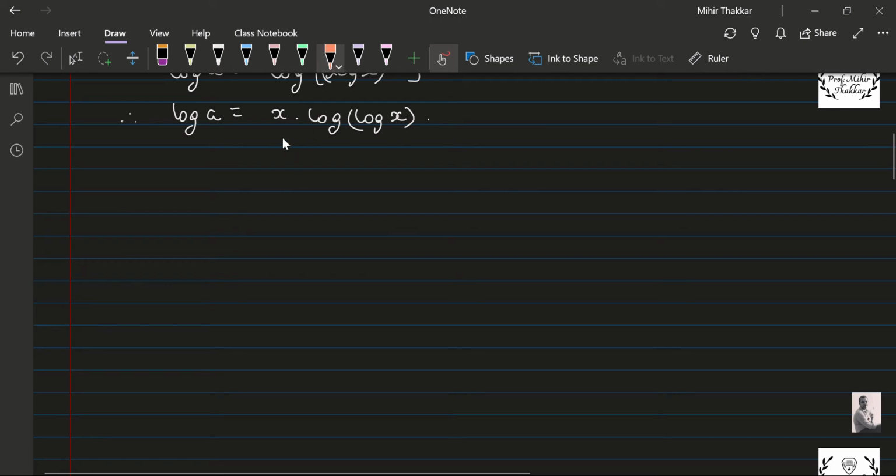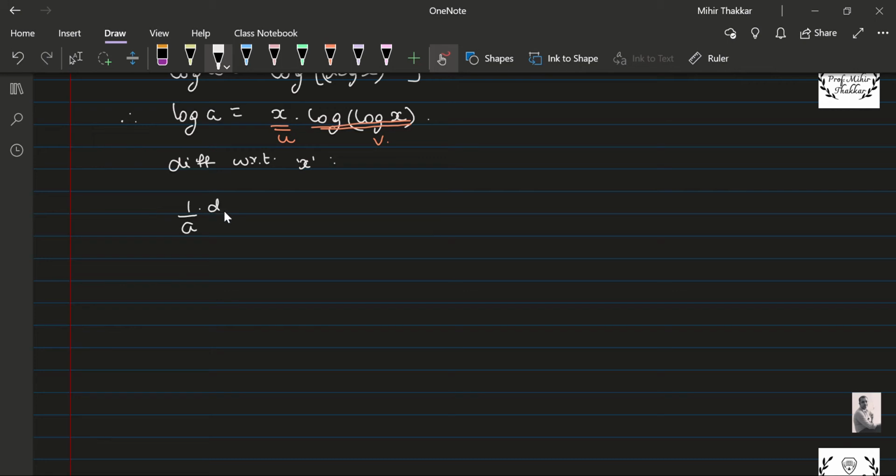So we consider this as u and this entire term as v, and therefore we differentiate this with respect to x. Derivative of log of a is similar to the derivative of log of y, which was 1 by y into dy by dx. So here it is 1 by a into dA by dx.